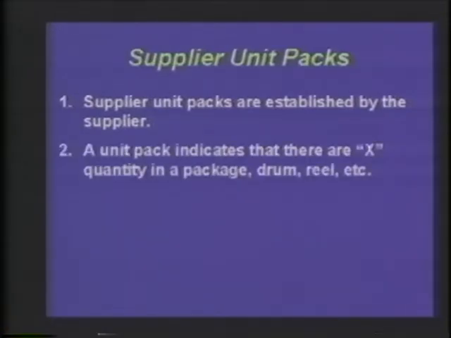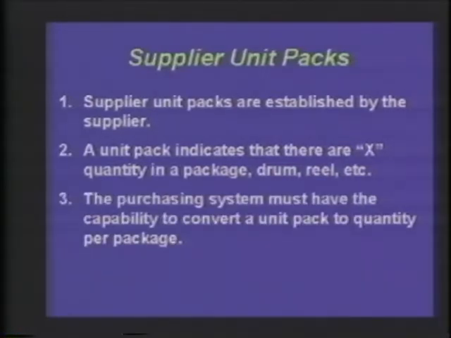Secondly, the unit pack indicates that there are X quantity in a unit pack, a drum, a reel. That could pertain to a conversion if it's other than units of eaches or pieces. Item 3, the purchasing system must have the capability to convert the unit pack to a quantity per package, especially if you have a master carton with inner packs.